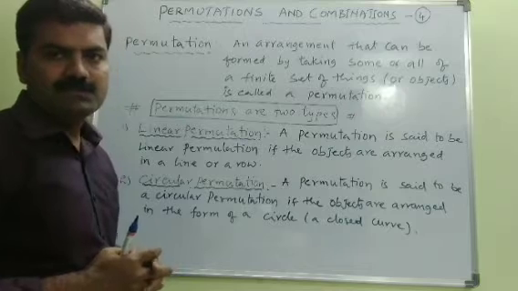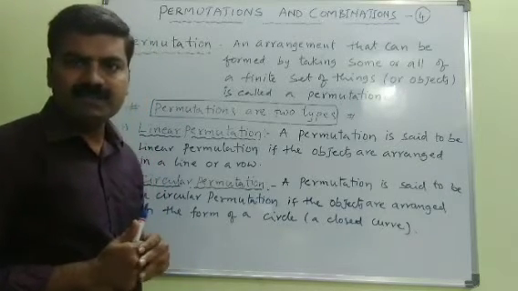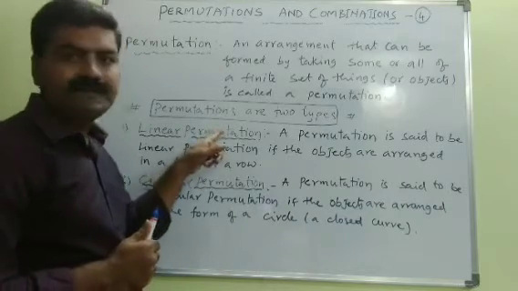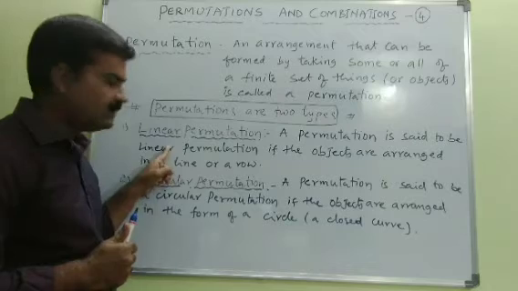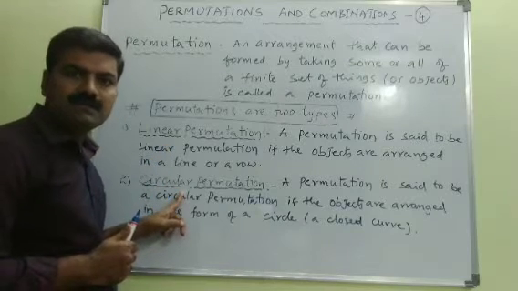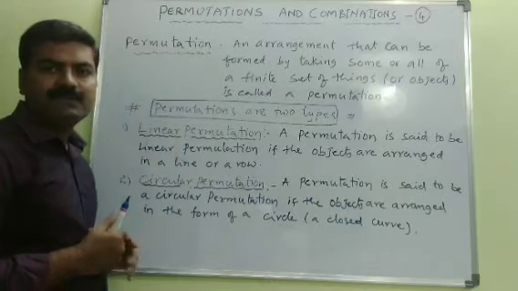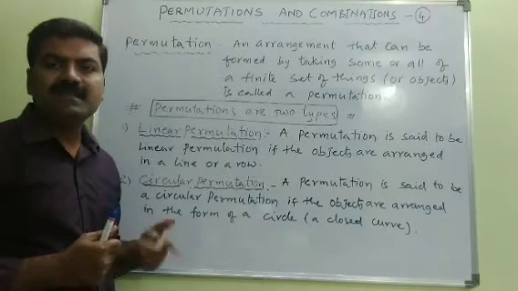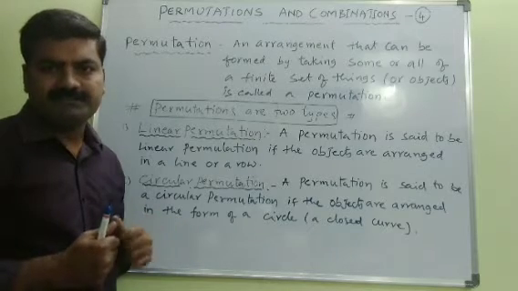Now, permutations are of two types: linear permutation and circular permutation. When can we say a permutation is a linear permutation?